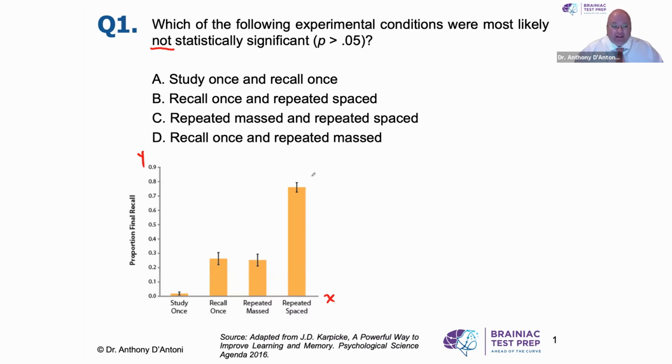One thing that is a little bit vague, or could be perceived as tricky, is that nowhere in the passage and nowhere in the chart do they tell you what kind of error bars these are. The chart is very easy to read. Obviously, the last condition, the repeated spaced, recalled the most, about 75% or 0.75.